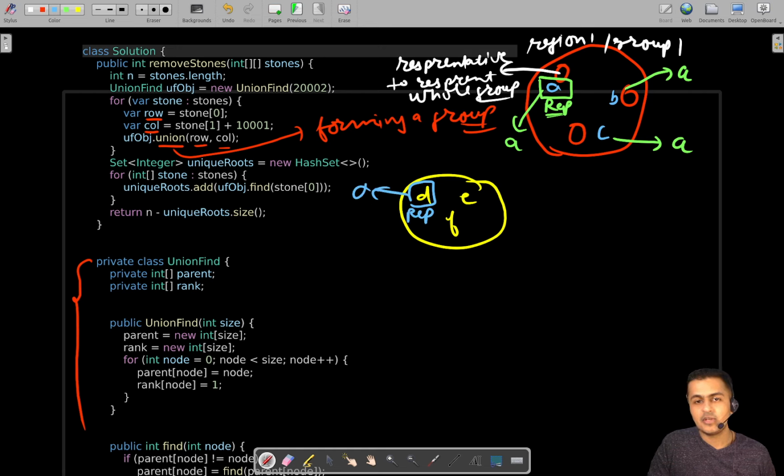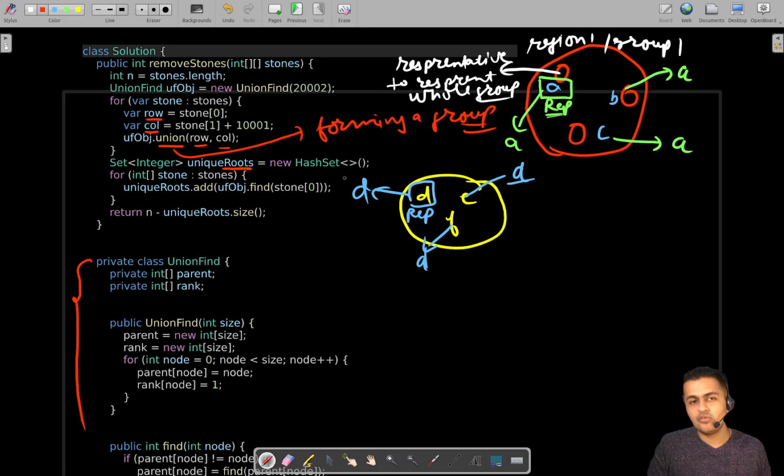So D is the representative if you ask any of these. In a way, the number of distinct components will be equal to the number of distinct representatives. We can call these representatives roots also. So here we have called them roots.